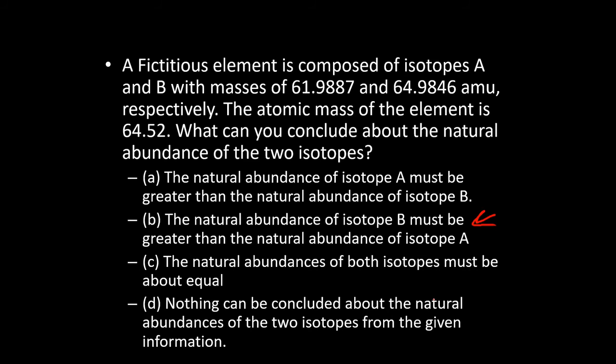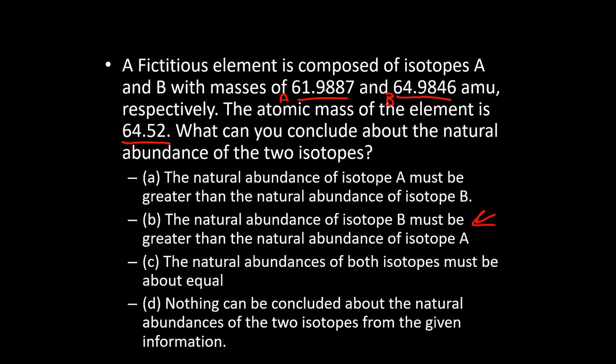The atomic mass is going to be closer to that isotope, the one that you have more of. And if we compare the masses of the two isotopes to the atomic mass, this is clearly a lot closer to isotope B than it is to isotope A.